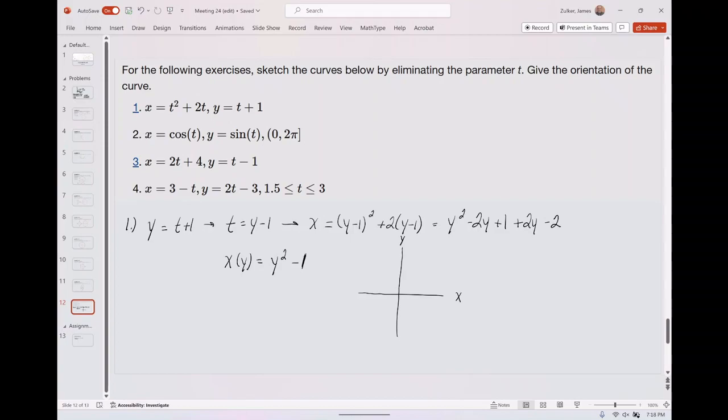Is it going to be a parabola shifted to the right or no? So I agree it's a parabola. It's not going to be shifted. Oh, rotated? Yeah, it will be rotated.